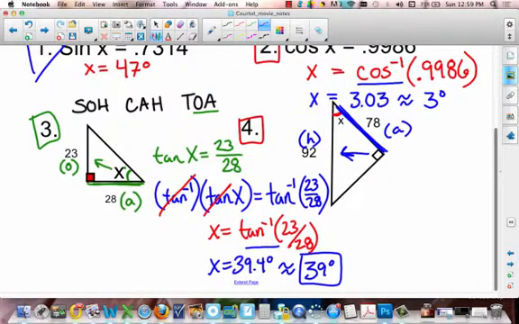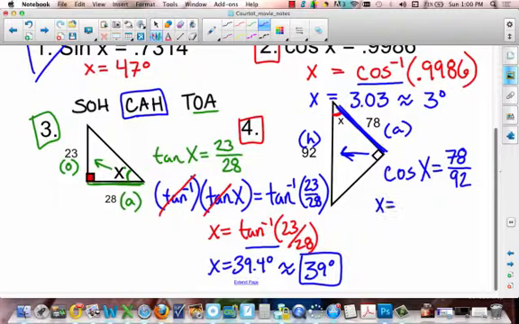Well, which one has A and H? CAH. So the cosine of x is equal to the adjacent side, 78, over the hypotenuse, 92. I want to find the angle, so I use the inverse: x is equal to the cosine inverse of 78 divided by 92.